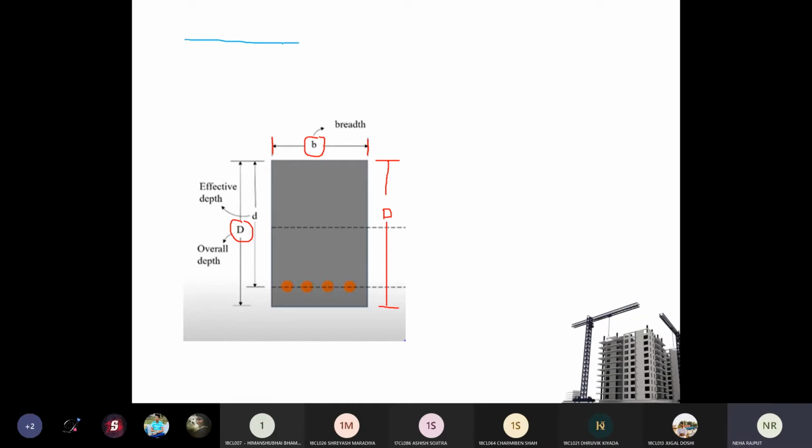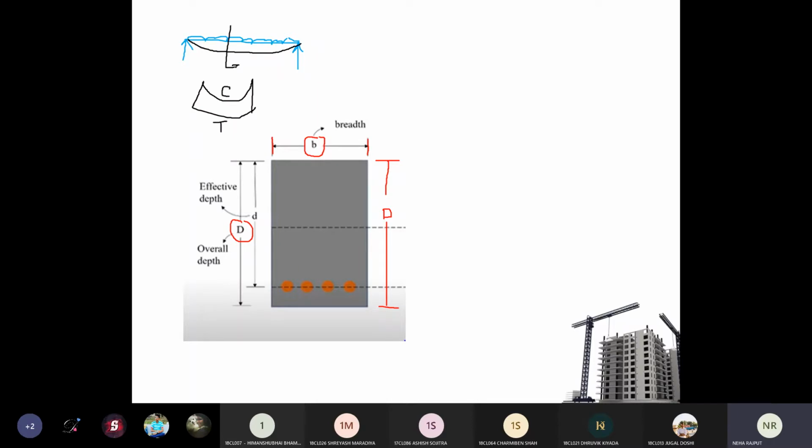As I explained earlier, suppose this is your simply supported beam, and it faces some UDL, a uniformly distributed load. Due to this load your beam will deflect like this. This is called the sagging deflection, and due to this sagging deflection the tension will be at the bottom and the compression at the top.